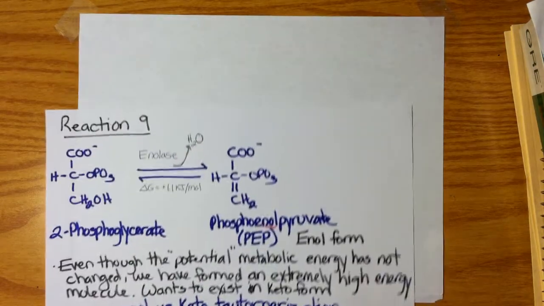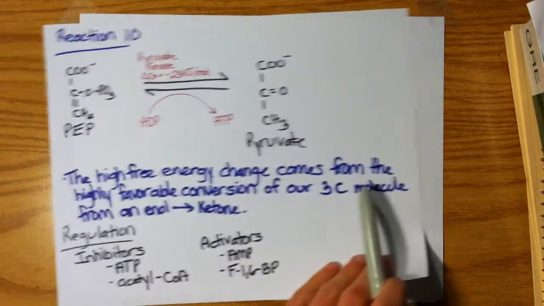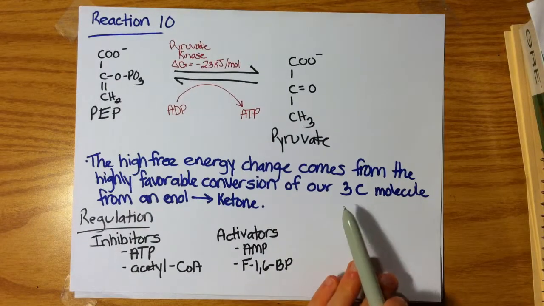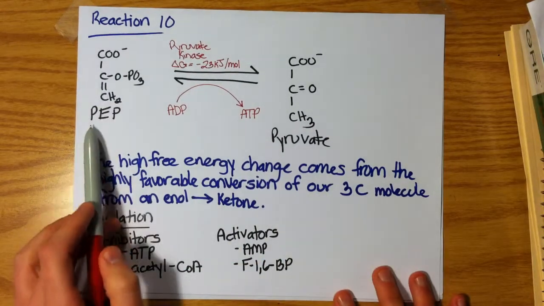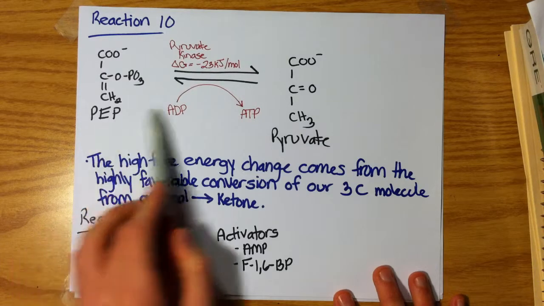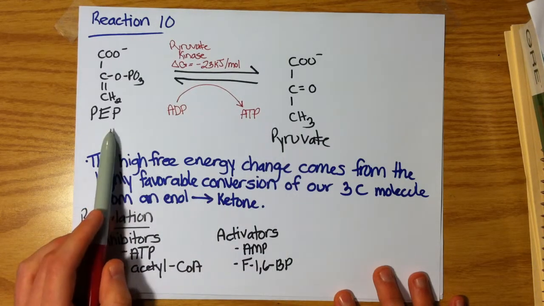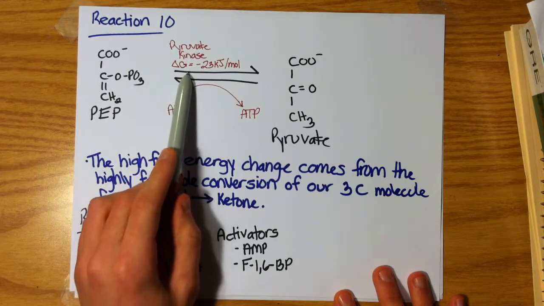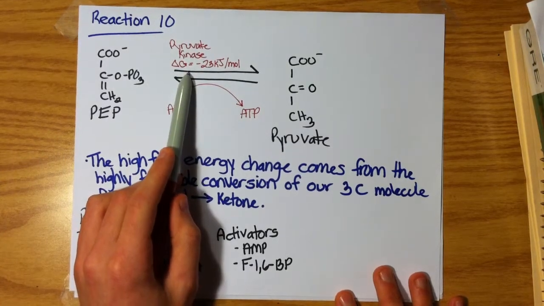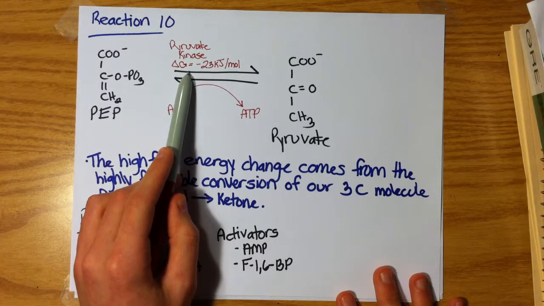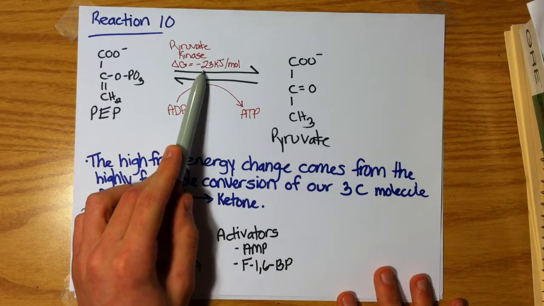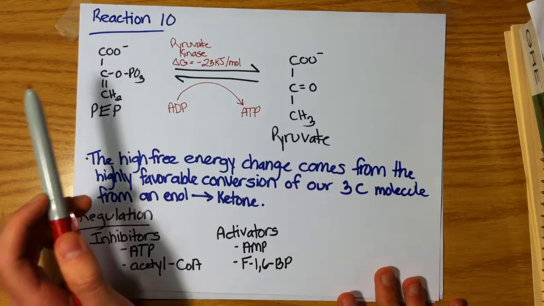Okay, so now that we have this high energy intermediate in the final reaction of the glycolytic pathway, we are going to convert our phosphoenolpyruvate into pyruvate through pyruvate kinase. This is the last reaction, and its delta G is significantly negative: negative 23 kilojoules per mole under physiological conditions.